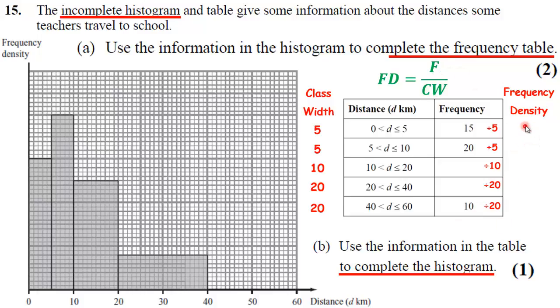Let's write down the frequency densities. 15 divided by 5 is 3, 20 divided by 5 is 4, and I don't know what these other two are, but 10 divided by 20 is 0.5.